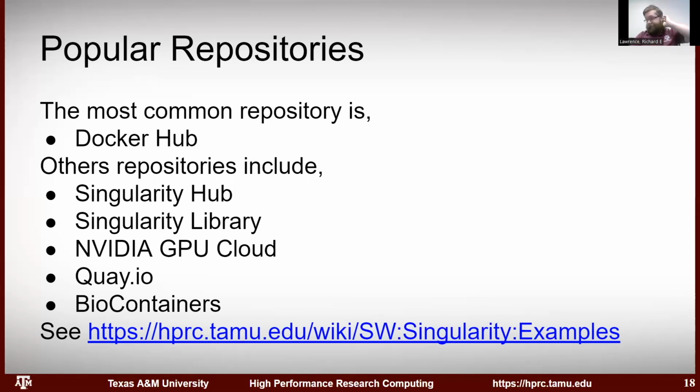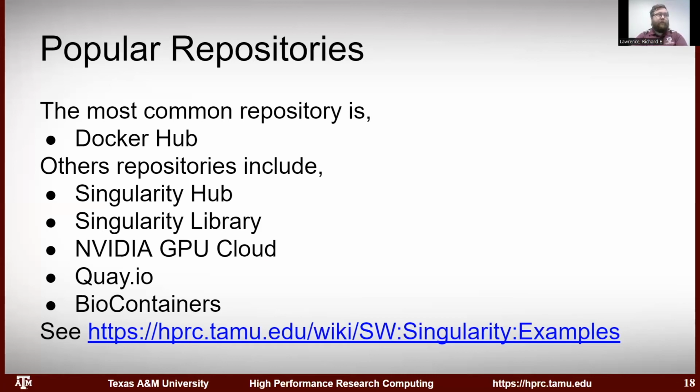NVIDIA, for example, has their own repository where they build containers with really high quality software inside. Quay.io is a repository that is similar to Docker Hub, but has more features for developers.